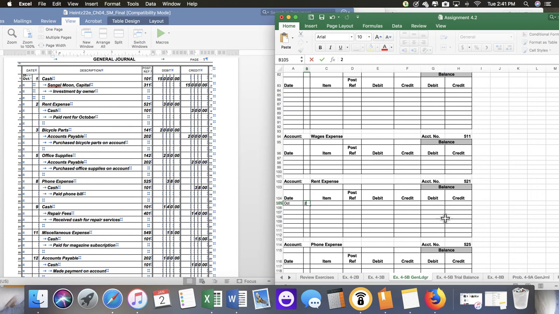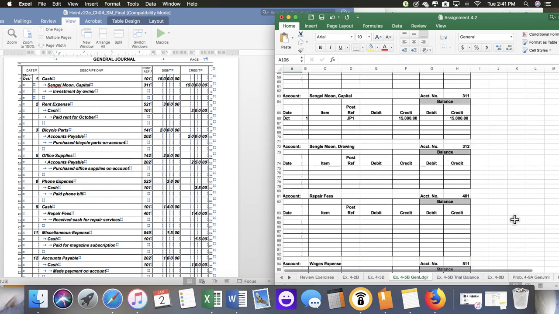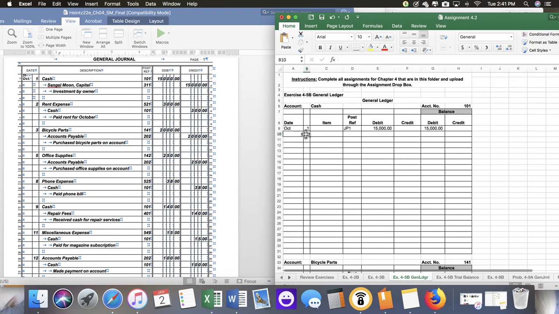So rent expense is on October 2nd, still JP1, $300. Okay, then we're going to go up to cash. We don't need to enter the month again because it's the same month. So enter the date, and then it's a credit for $300.